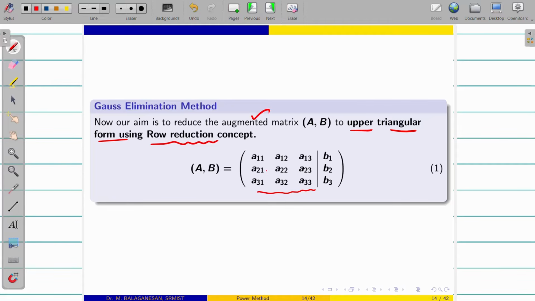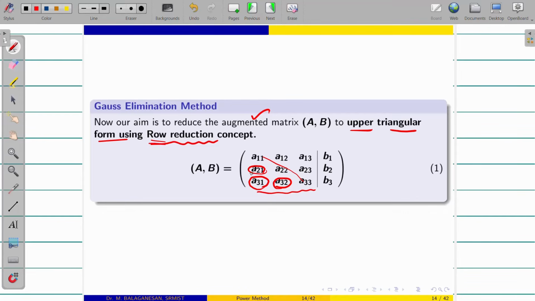Now our aim is to reduce this into an upper triangular matrix. What is an upper triangular matrix? Just listen, I am marking. This is the main diagonal. The elements below the main diagonal, these three elements, we have to reduce to 0. If the elements below the main diagonal are zeros, it is called an upper triangular matrix, obtained using row reduction.